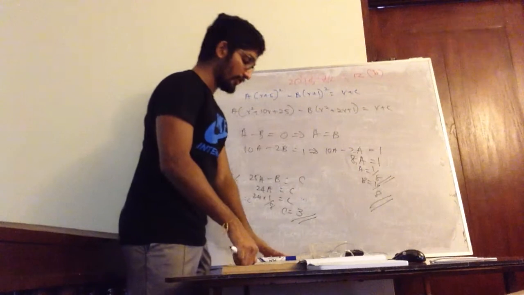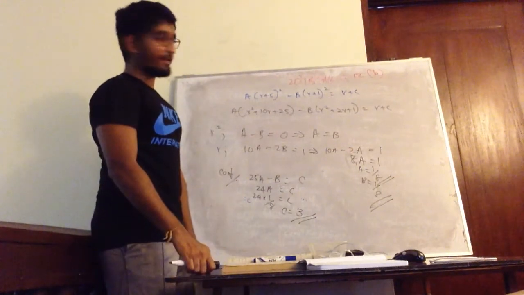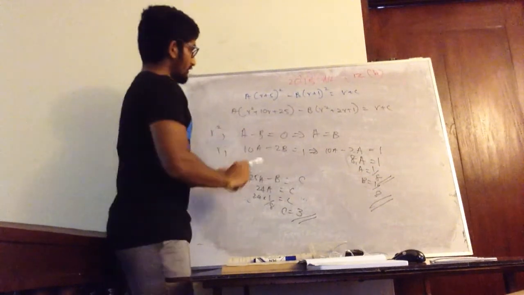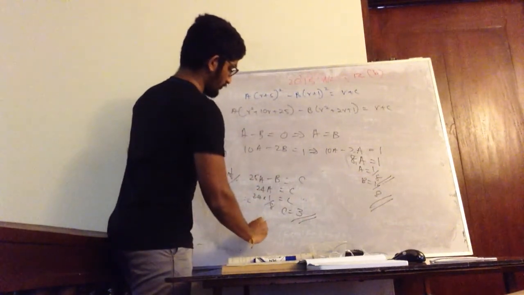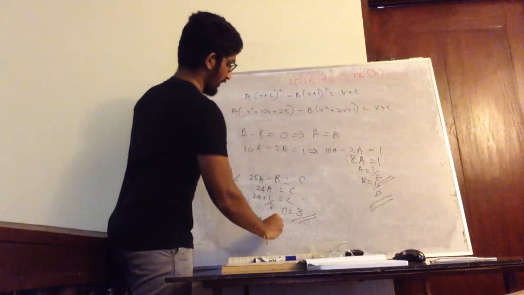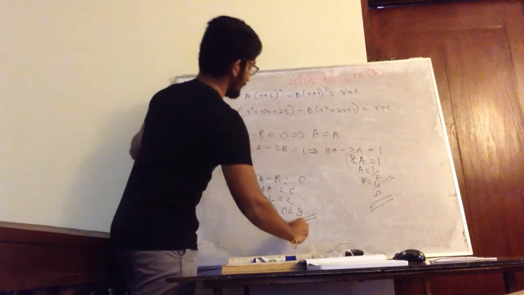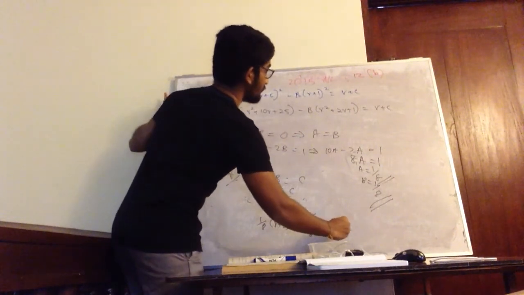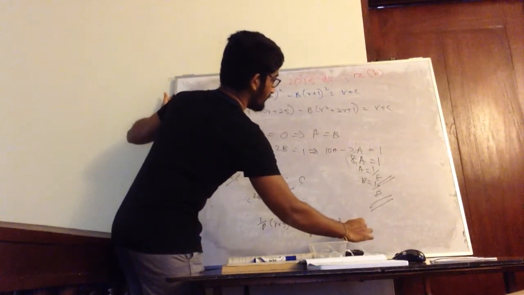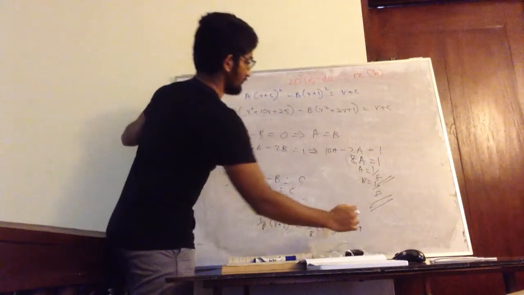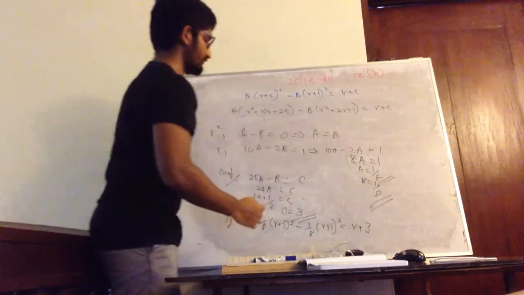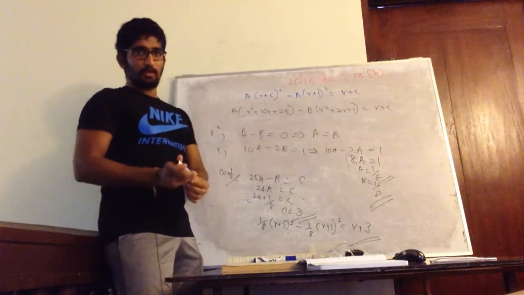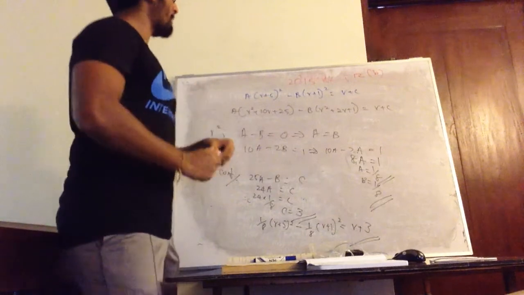So they are asking us to find those. Then I can actually write this as 1 over 8 (r + 5)² minus 1 over 8 (r + 1)² equals r + 3. So you will get something like this.